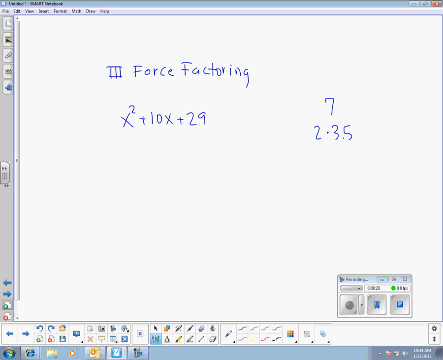To factor, the connection between zeros and factors is the same thing we're doing here. If 4 is a zero, then x minus 4 is a factor, and that works for imaginaries too. So let's find the two zeros. Negative b plus or minus the square root of b squared minus 4 times 1 times 29. And let's see, 4 times 29 is, I believe, 116.